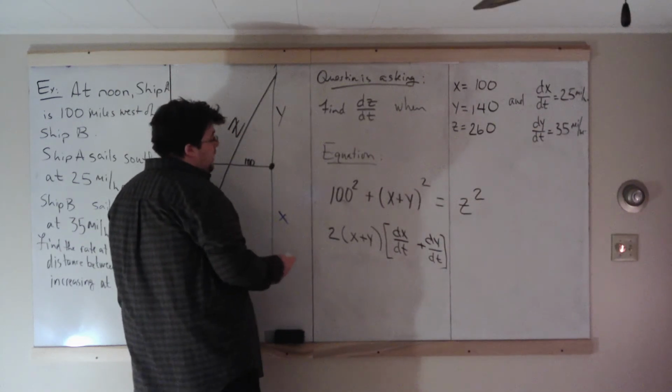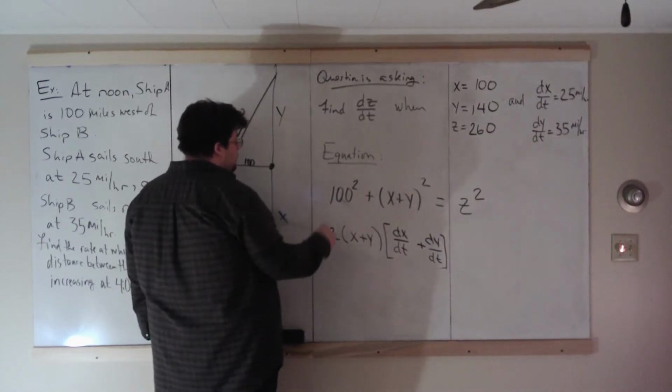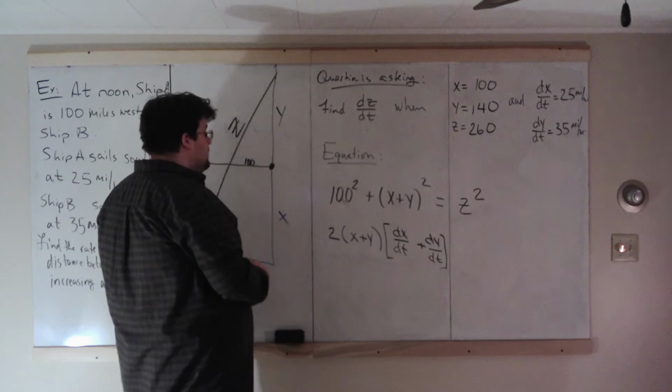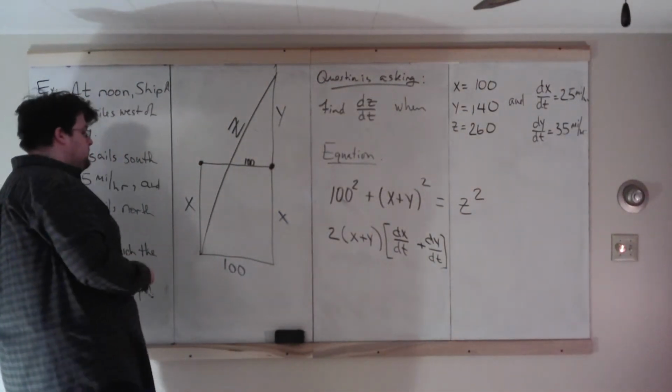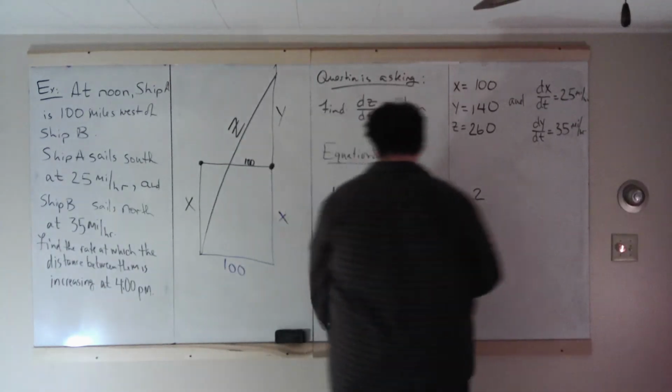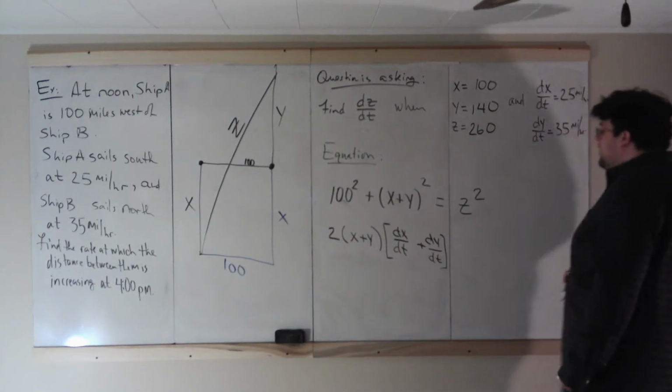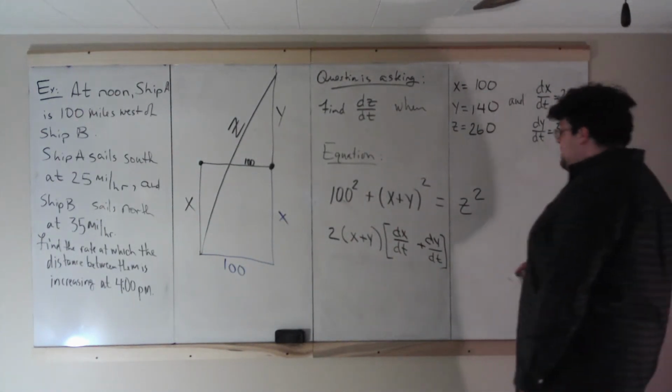If you wanted to use power rule on 100 squared, you certainly could. You get 2 times 100 to the first, but then chain rule multiplied by 0, because 100 doesn't change as time is changing. Or you could just say it's a constant, derivative of 0. That's what we got on the left side. What do we got on the right side?